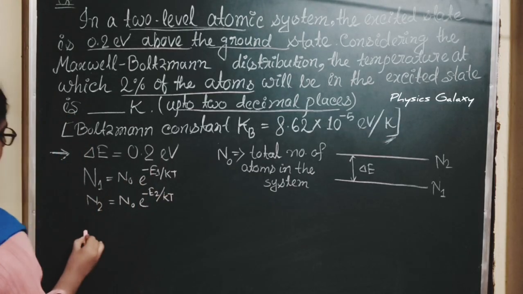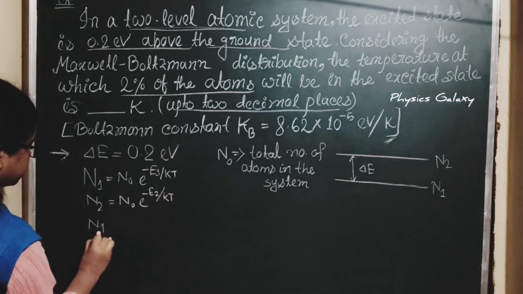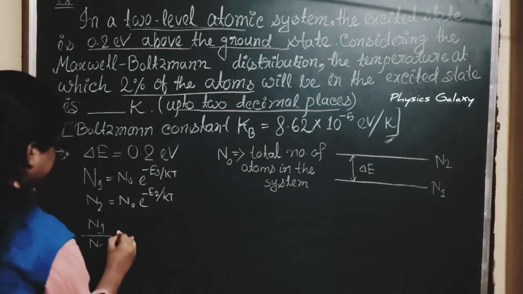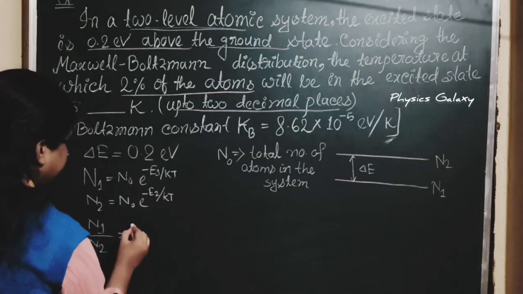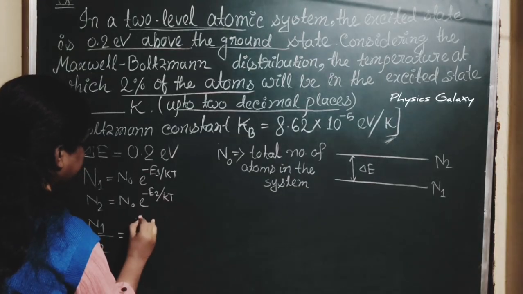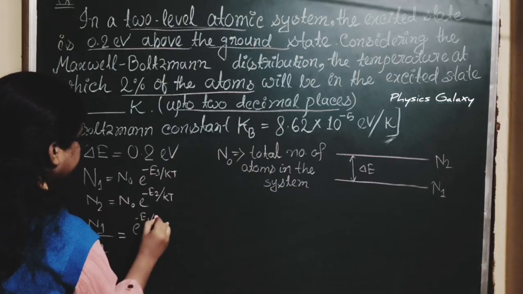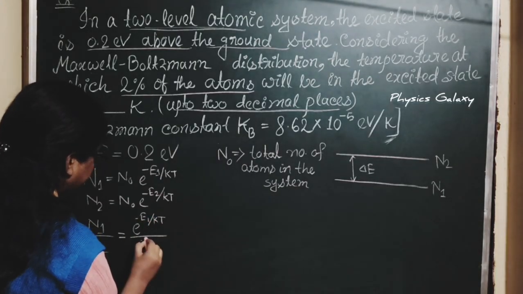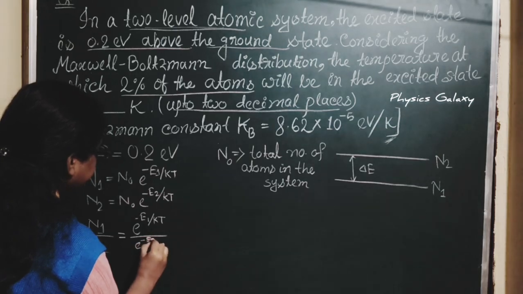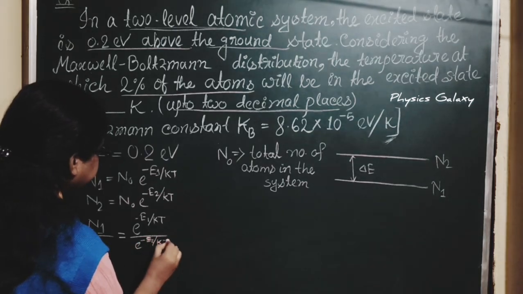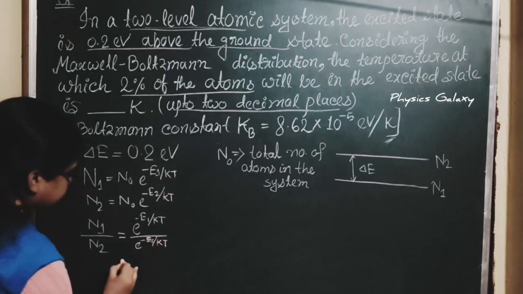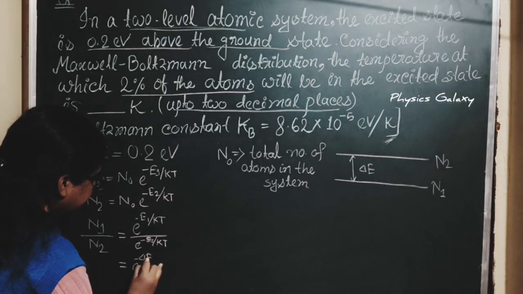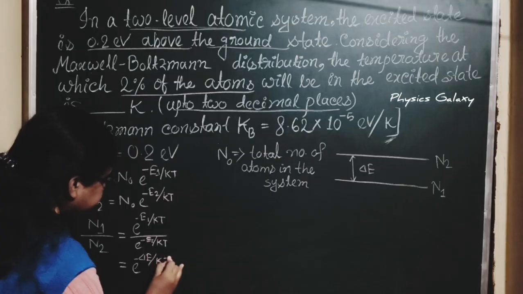Now calculate N1 by N2. N1 by N2 will be e to the power minus E1 by kT over e to the power minus E2 by kT. Calculating this, we will get e to the power delta E by kT.